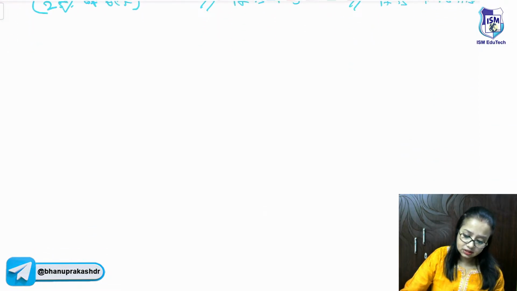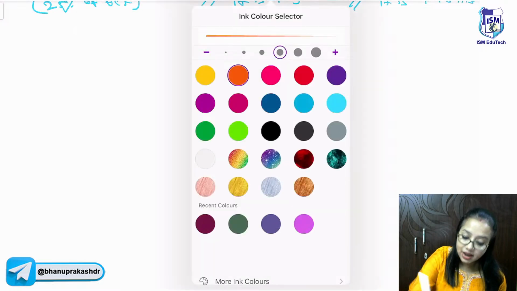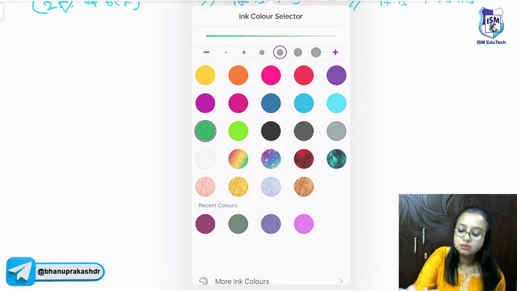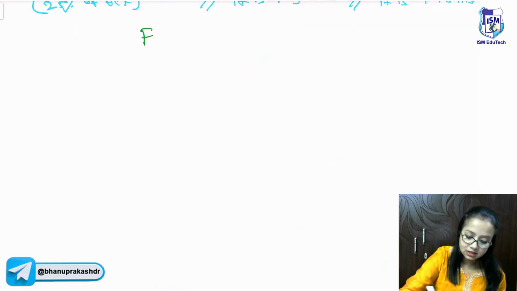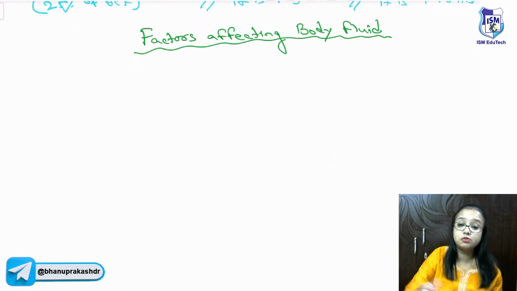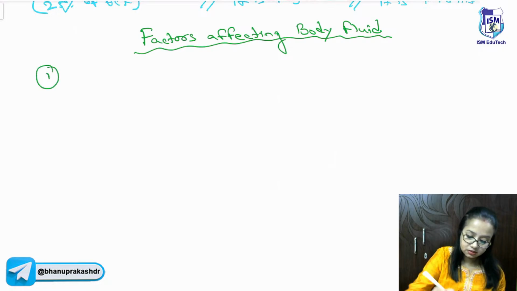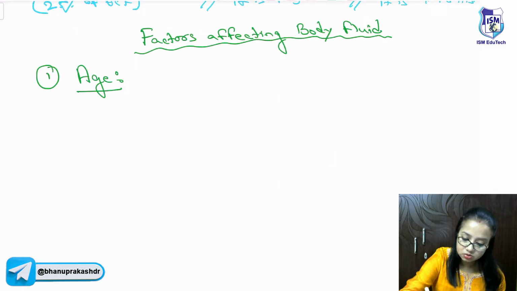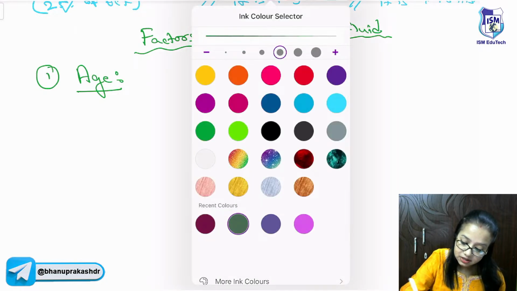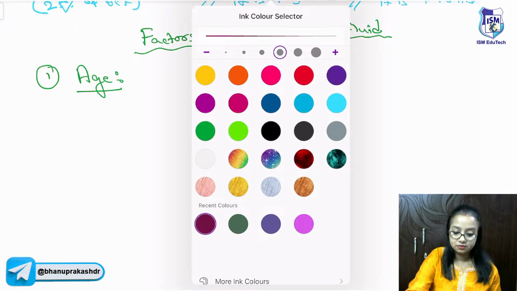Now, there are various factors that affect the body fluid. What are the factors that influence or determine the body fluid? First is age. Age is one factor which is a determining factor of the body fluid.